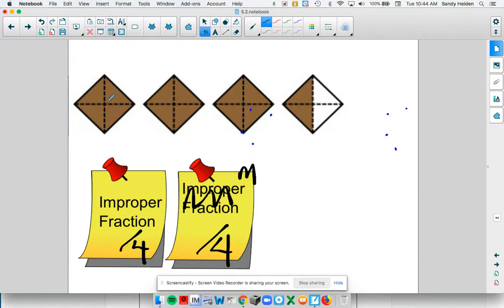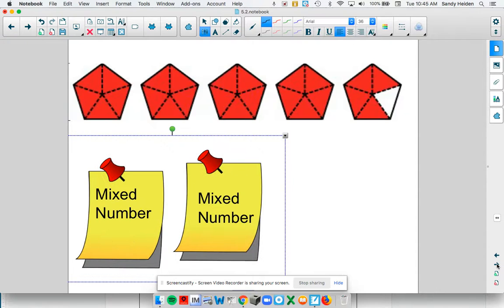I'm going to count by 4s. 4, 8, 12, and then there's 2 left over. 13, 14. 14 divided by 4 is 3, with 2 left over. 1, 2, 3 full, with 1, 2 left over. Give this one a try.